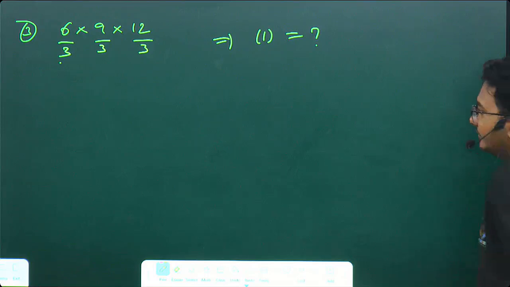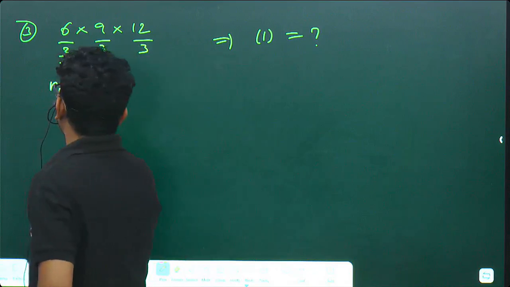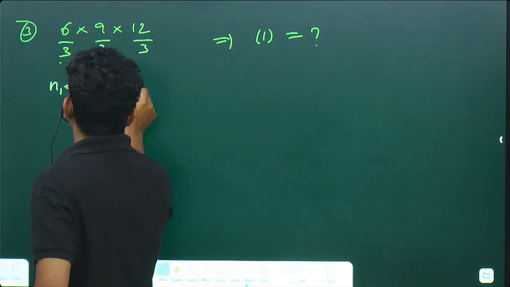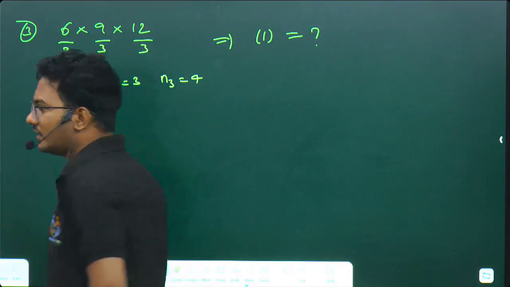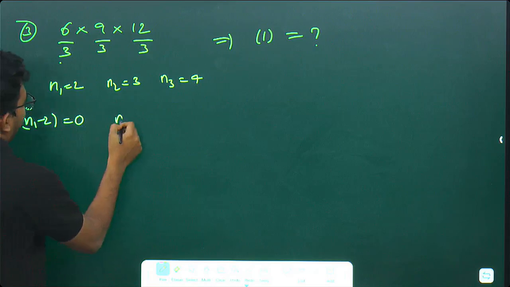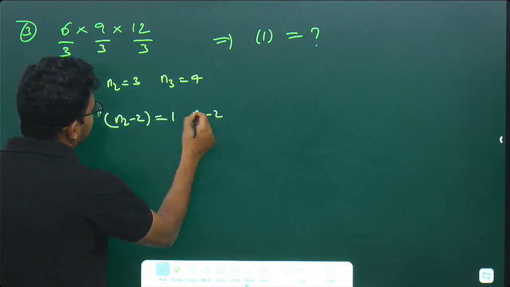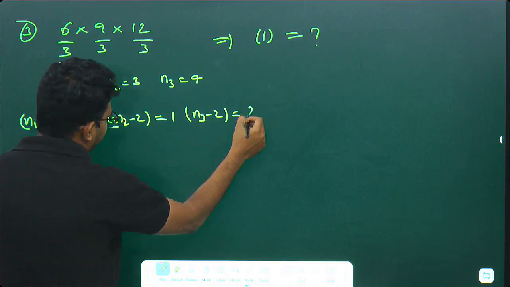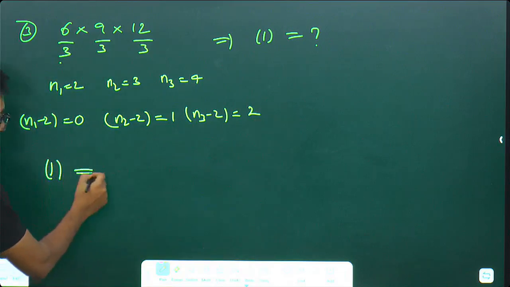Okay. Fine. See here. Simple. n1, 2, n2. Along with these values, n1 minus 2 you need to find out, which is 0. n2 minus 2 is 1. n3 minus 2 is 2. Now I have asked you to find out one surface painted.